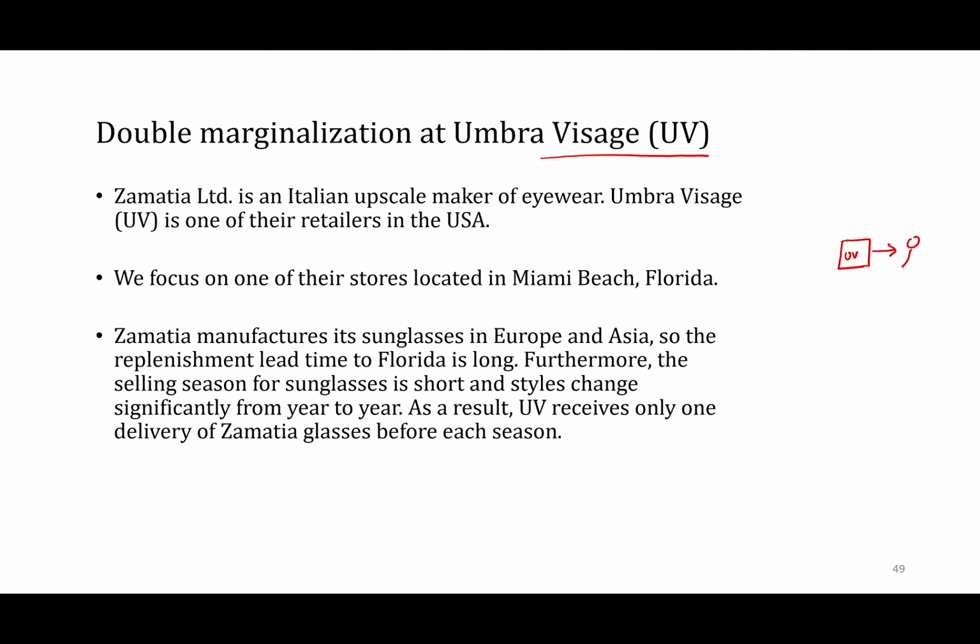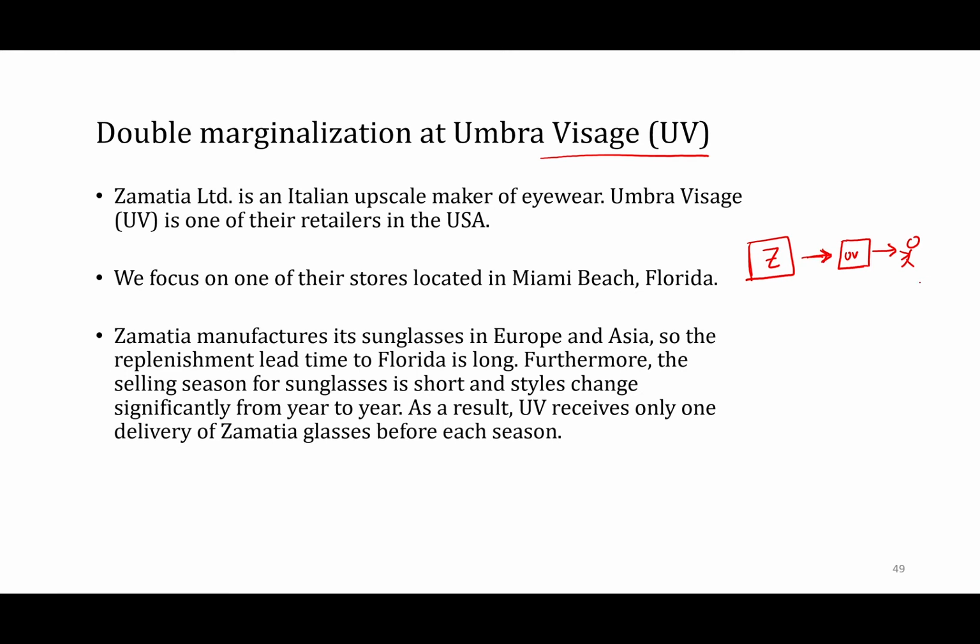UV sells to the end customer and gets its product from Zematia. Zematia is the one manufacturing the eyewear, and then they sell it to UV, who in turn sells it to the end customer.